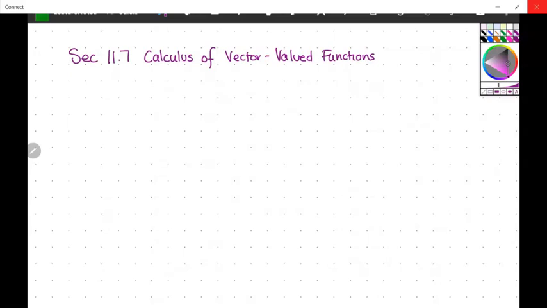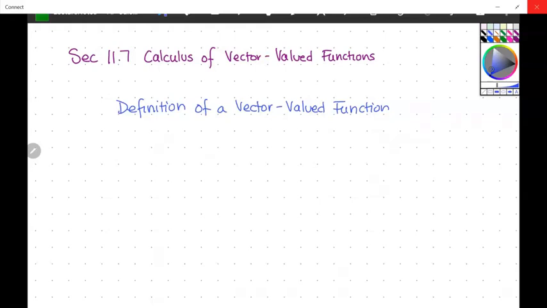So, what is a vector valued function? That's a good question. I'm glad you guys asked that. Definition of a vector valued function. Well, duh.